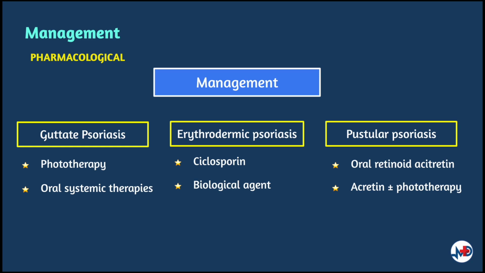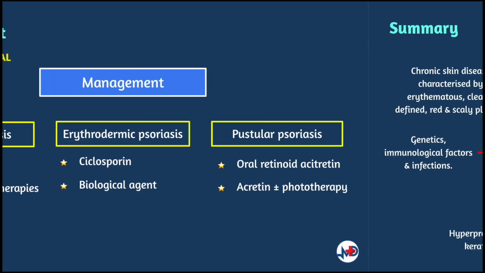Pustular psoriasis, on the other hand, can be treated with oral retinoid acitretin, which is the first line, or with a combination of acitretin and phototherapy. Once again, provide electrolyte monitoring and supportive care to all patients with extensive pustular psoriasis. Bear in mind that children, pregnant women, and immunosuppressed individuals should receive specialist care.